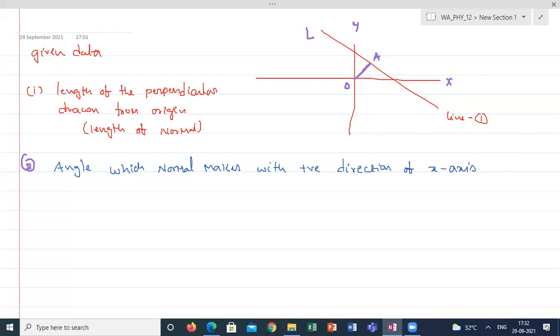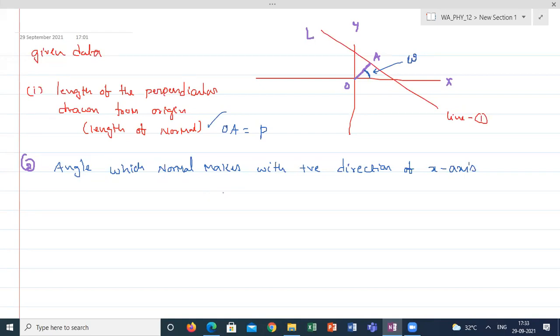That means they gave this angle between OA and the x-axis. OA is the normal, and the distance between O and A is the length of the normal, that is given. For example, this OA is equal to P units, and this angle is omega.